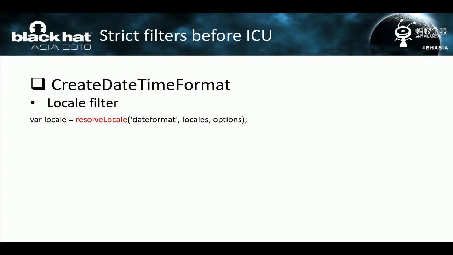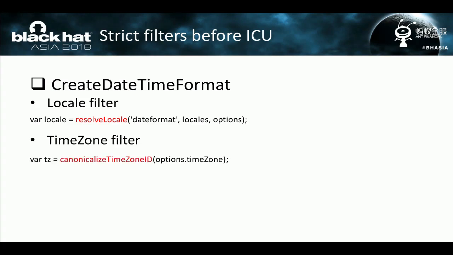So the first filter is for the locales. The JS function resolveLocale is mainly to filter the locales argument. The second filter is the time zone filter. The function canonicalizeTimeZoneID is to canonicalize the time zone name.